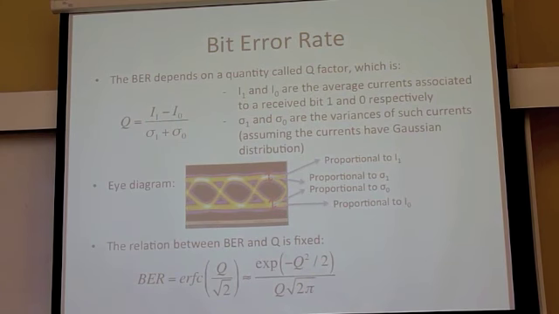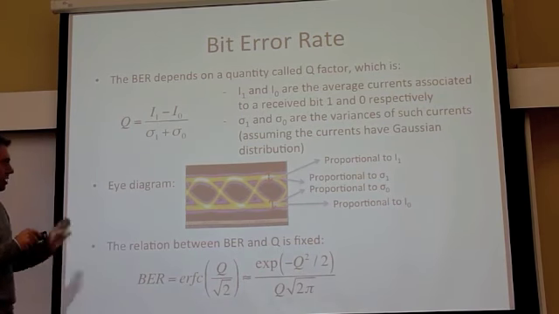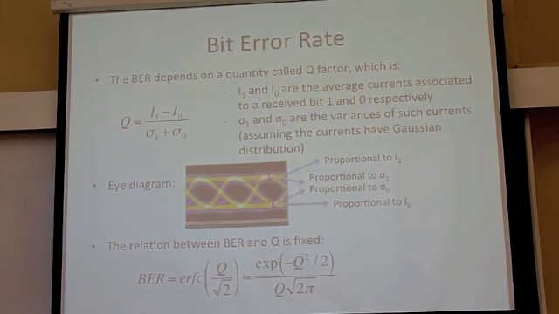Once you get this signal at the receiver, you have to make a decision. First of all, the receiver chooses where to sample the signal. It wants to know if it is receiving this value or this value. The best point is here in the middle, because there's a big difference between the value for bit 0 and the value for bit 1.